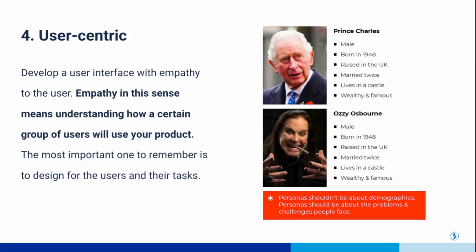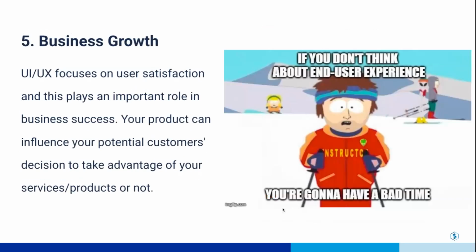However, they are a totally different target, because each one has very particular aspects, for example, tastes, activities they do, and even challenges they face every day. That is why we must know their lifestyle, okay? A persona shouldn't be about demographics, a persona should be about the problems and challenges that people face.